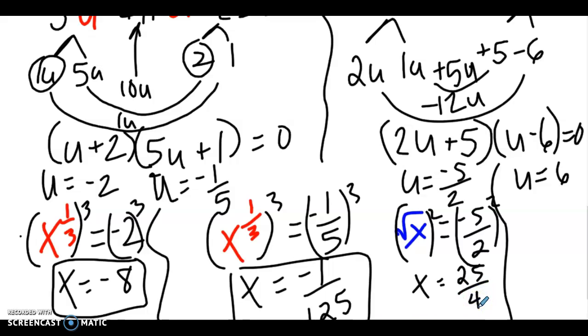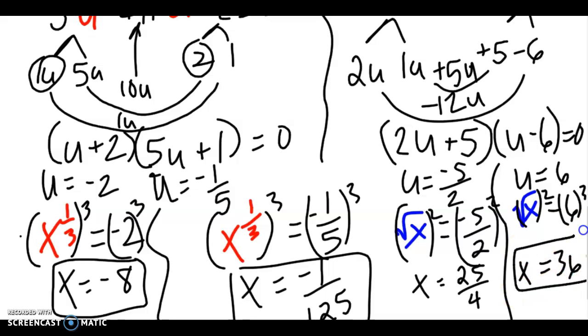Positive. Okay, and then over here, square root of x equals 6. Square both sides. Get x equals 36. Okay. Yahoo.